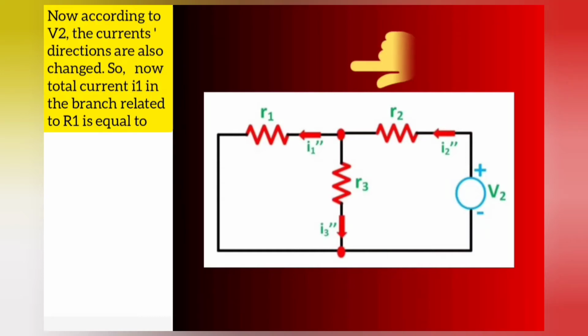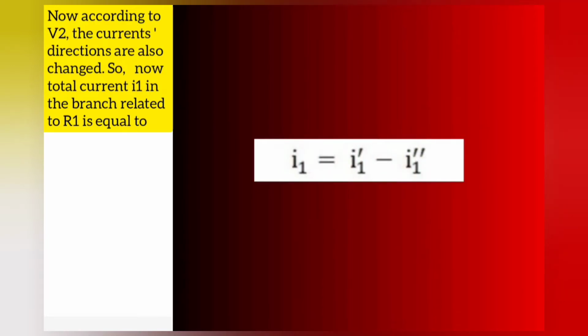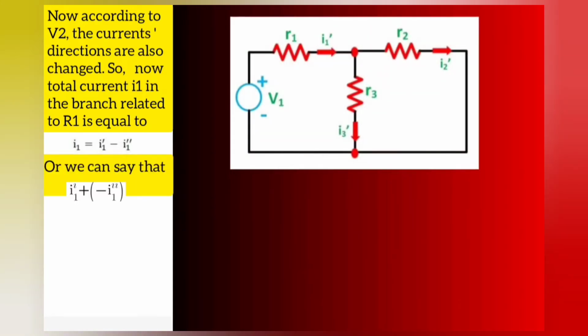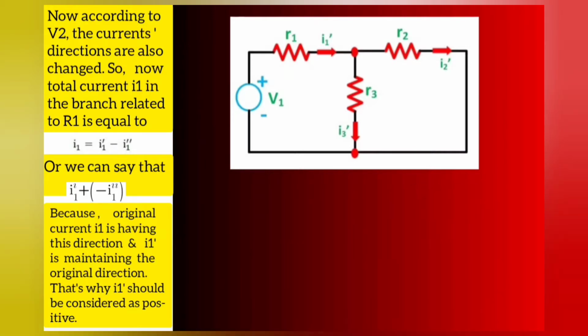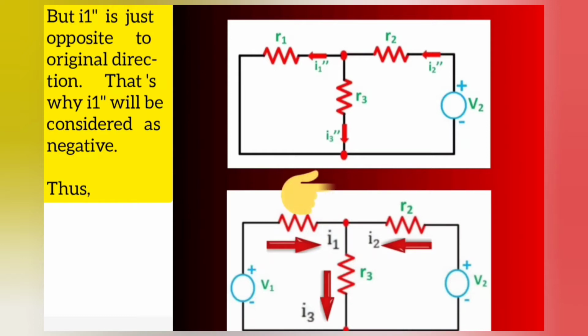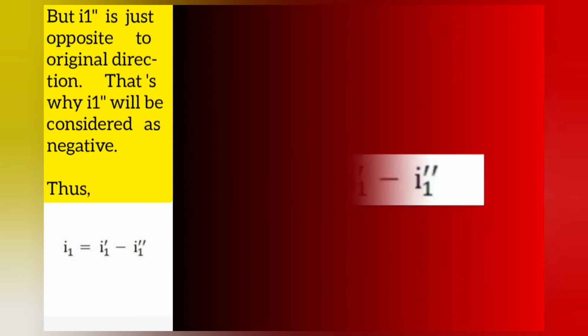So the total current I1 in the branch related to the R1 resistor is I1' minus I1'', or we can say I1' plus or minus I1'', because the original current I1 has this direction and I1' maintains the original direction. That's why I1' is considered positive, but I1'' is opposite to the original direction, so I1'' is considered negative. Thus I1 equals I1' minus I1''.